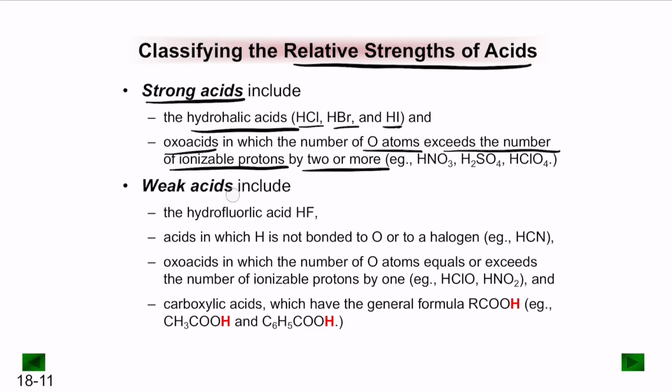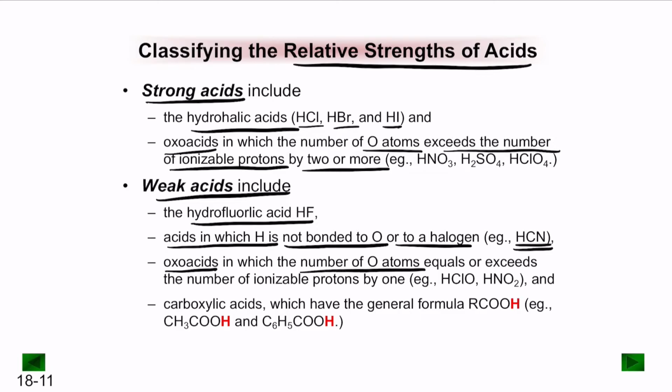Next, let's take a look at weak acids. Weak acids generally include hydrofluoric acid and acids in which the hydrogen is not bonded to oxygen or to a halogen, for example HCN, hydrocyanic acid. You also have oxo acids in which the number of oxygen atoms equals the number of ionizable protons. More common examples of these are HClO and HNO2.